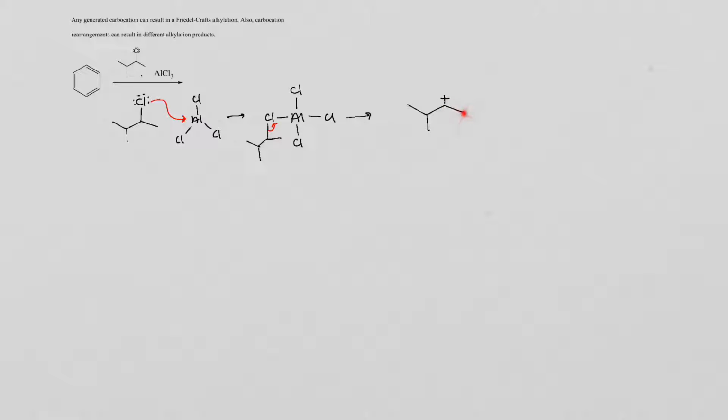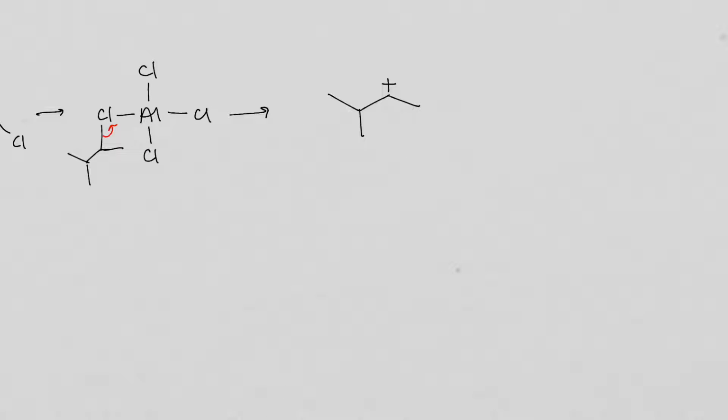Because to one side of this cation, there's a primary carbon. To the other side of this cation, okay, there's a tertiary carbon. So, a tertiary carbocation will inherently be more stable than a secondary carbocation.